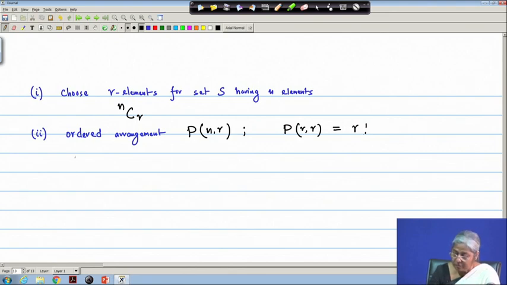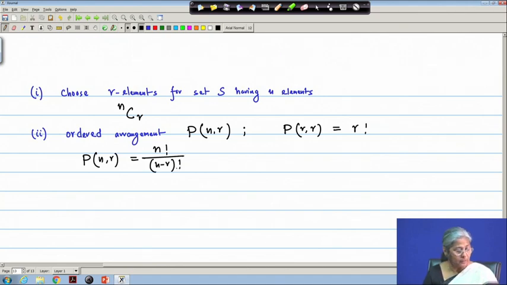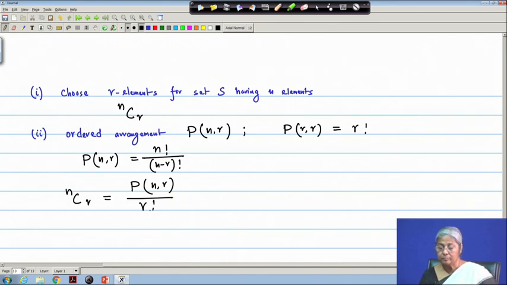We know that P(n,r) is n factorial divided by (n minus r) factorial. So, I can write that my nCr is P(n,r) divided by r factorial.